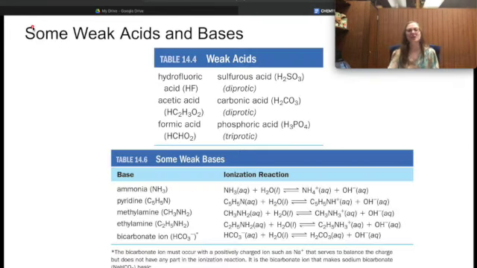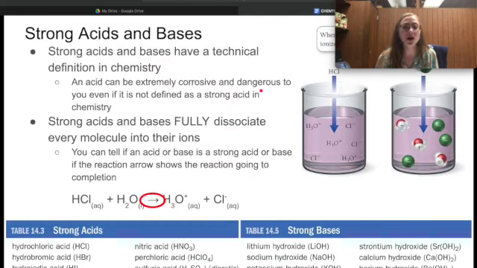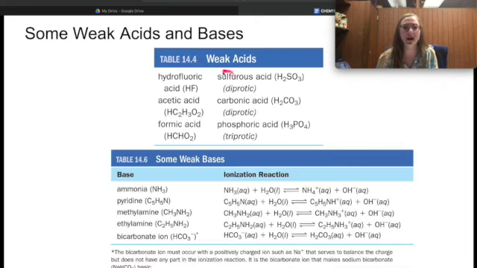Okay, so just a quick peek here at some weak acids and bases. We'll see them often on our tour of acids and bases. If you look at these chemical formulas of acids specifically, it's kind of hard to tell them apart from the strong acids. They all kind of look the same, okay? So it can be a little bit tougher to discern the strong acids from the weak acids.